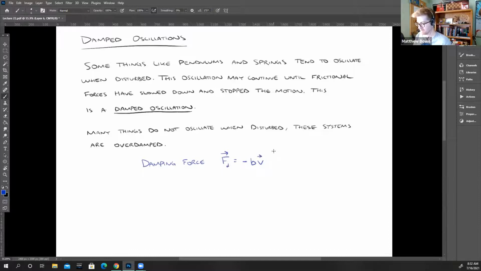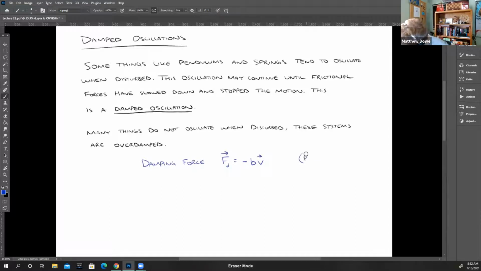I guess I could make that omega, but we'll keep it as V. And the B right here, that is a constant. That's like the degree to which the thing is being damped. So I guess you could say the strength or the modifier. How strong is it? Well, the thing's made out of this type of metal. It's going to have a specific damping constant.